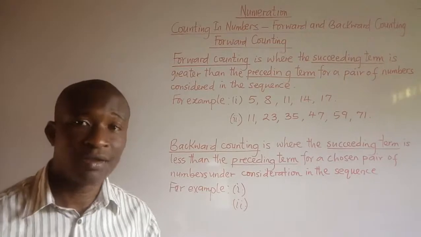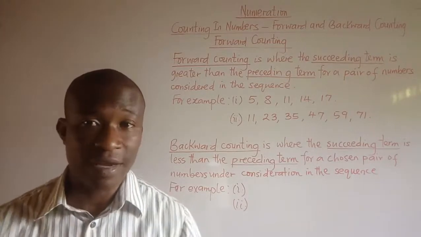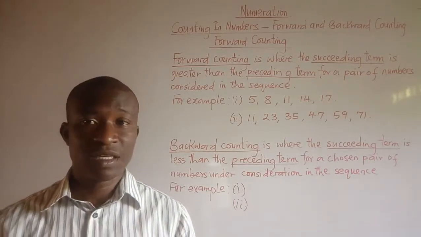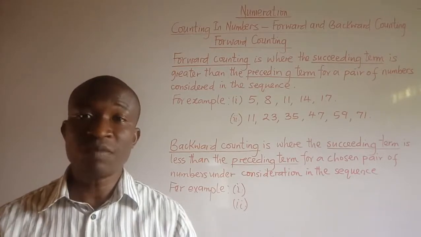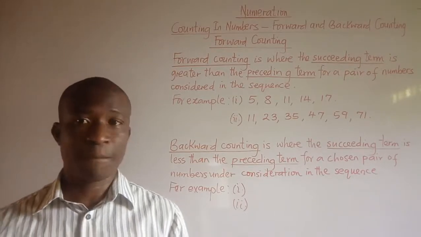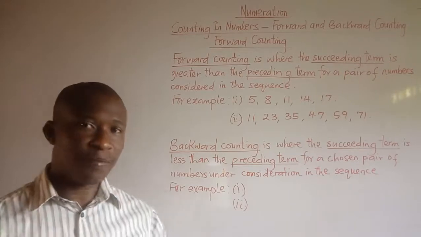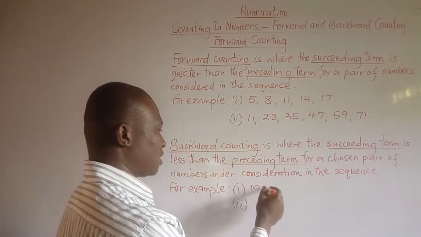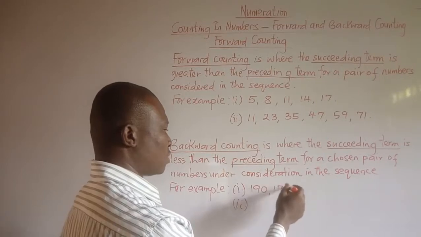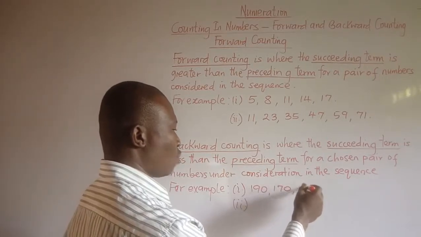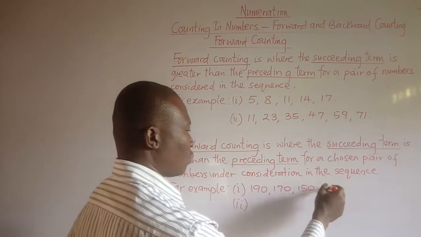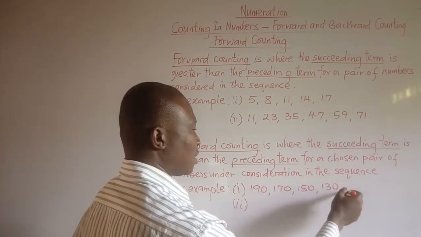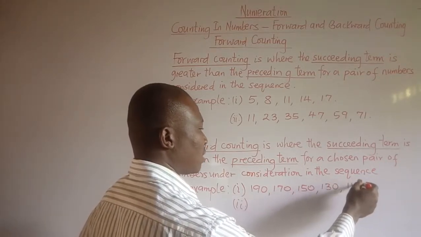In backward counting, the succeeding term is less than the preceding term for a chosen pair of numbers in the sequence. For example, again, 190, 170, 150, 130, 110.